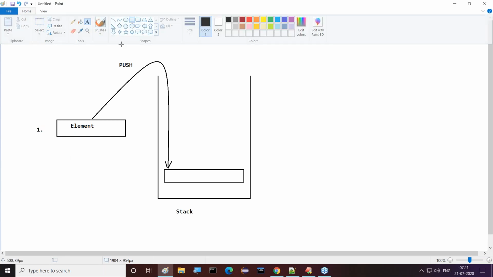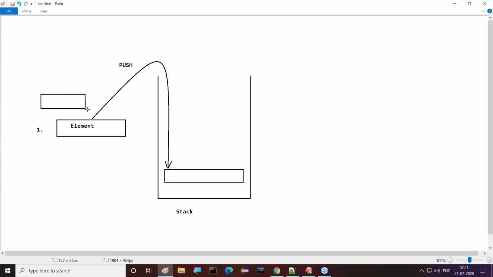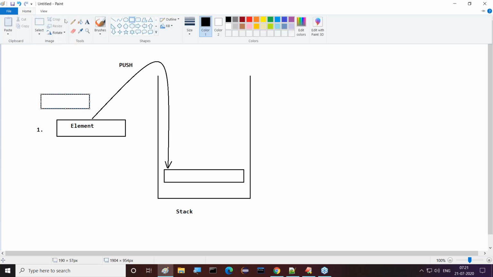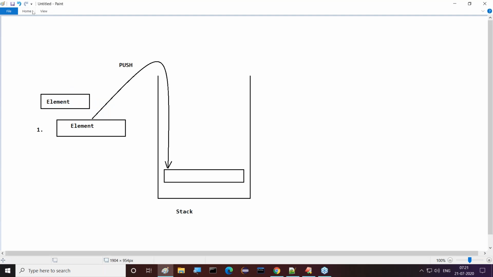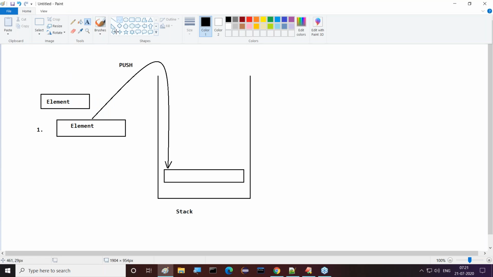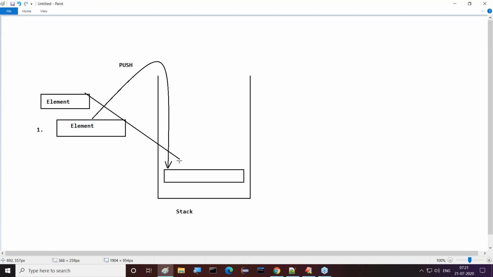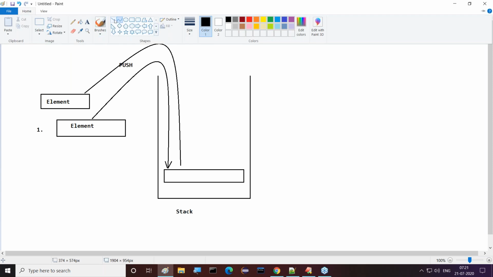Similarly, I have another element, guys. This is another element. Now I want to push the second element also. Yes, no problem, accommodation is available. Accommodation is available or not? Then automatically accommodation is available.